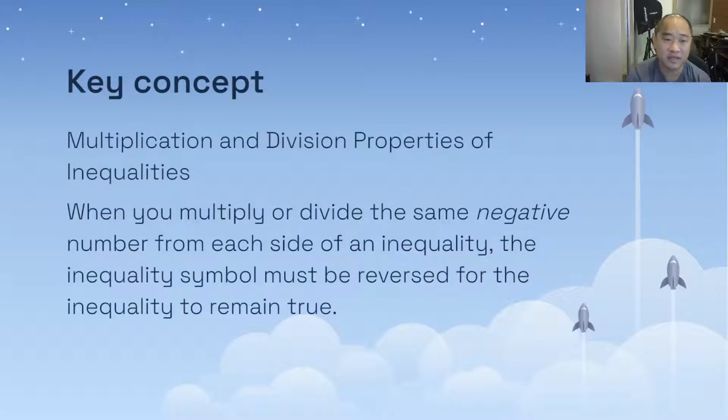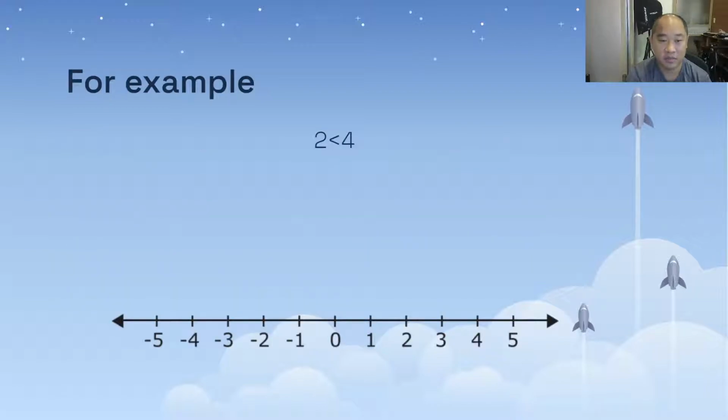All right, but what if it's negative? What if you're multiplying or dividing by a negative number? Then the inequality symbol must be reversed. You have to flip it. So for example, 2 is less than 4. Yes, that is true. 2 is over here and 4 is over here. Look at that.